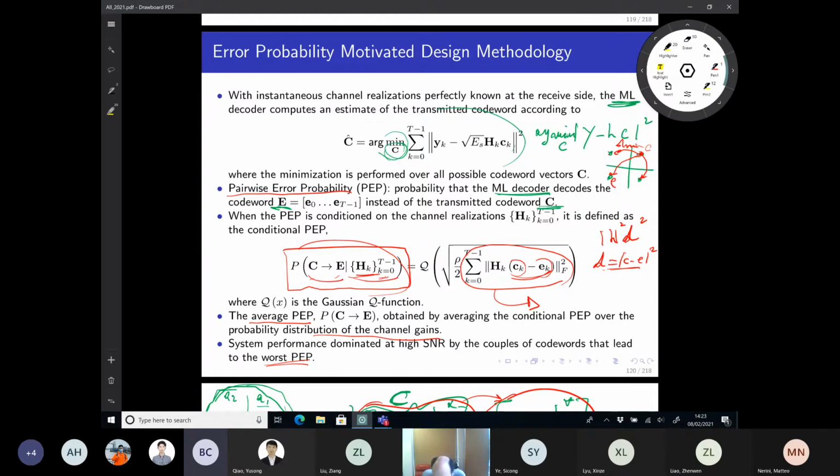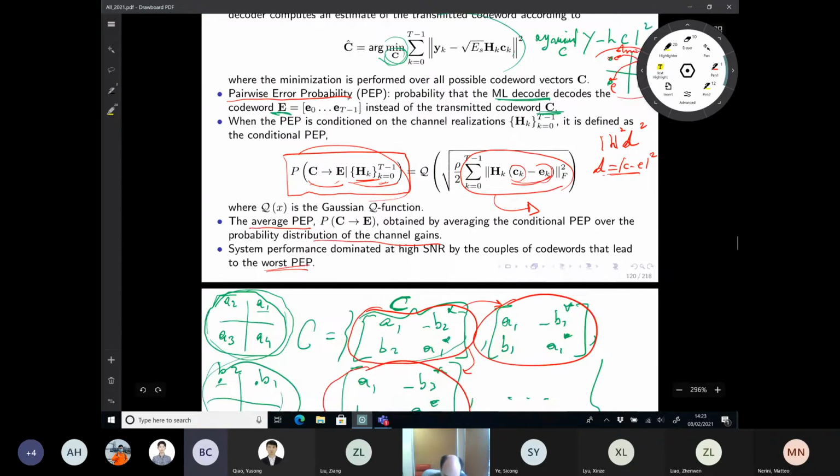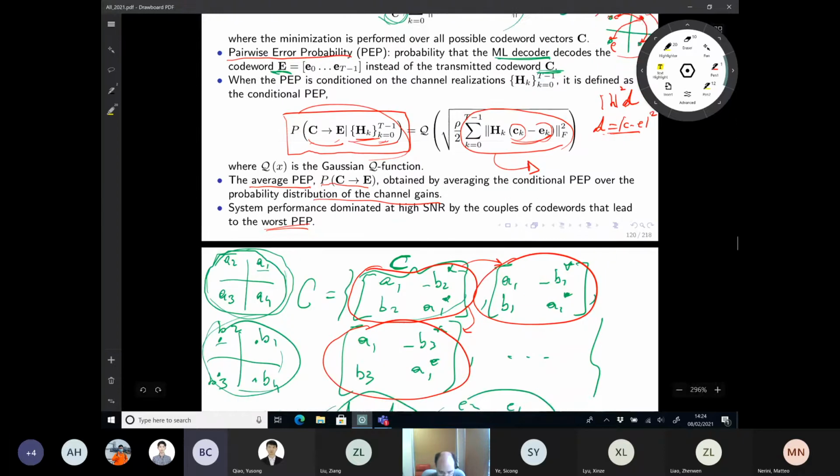So this point C will likely be confused with this point here and this one because they're closer to C than point E. This is what we had when we were talking about the minimum distance, and here it is a bit the same idea. We're going to calculate an average pairwise error probability and then try to find which pairs of C and E lead to the worst case, if you like, the minimum distance. Good.